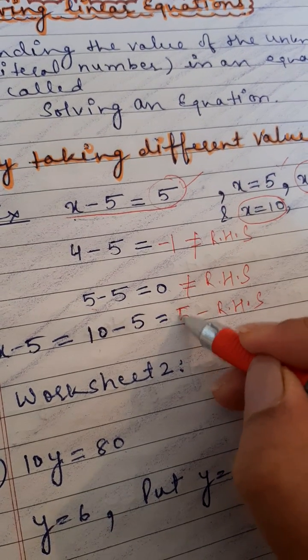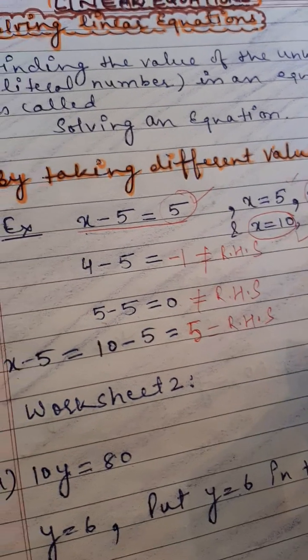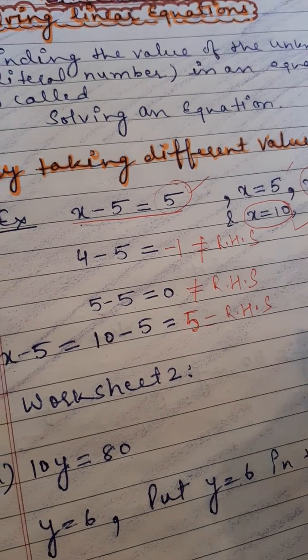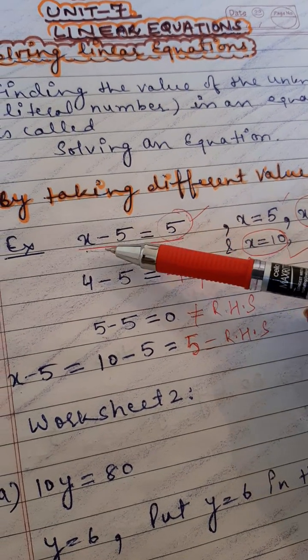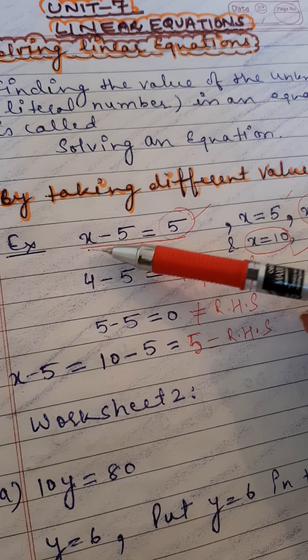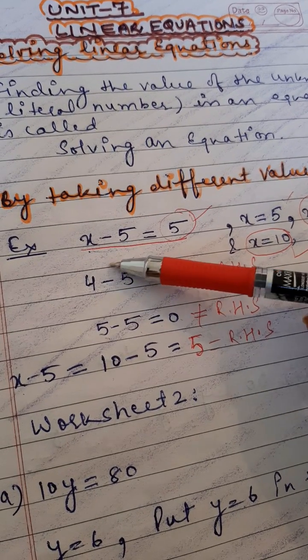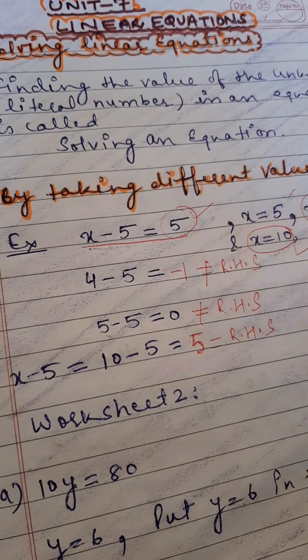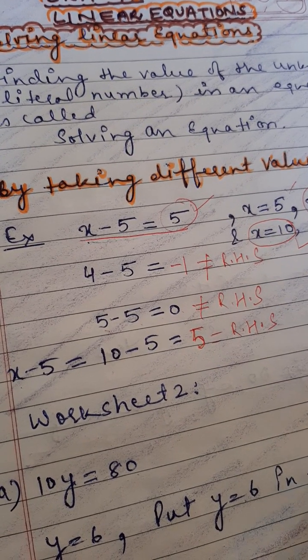So that means x is equals to 10 is the solution of this equation, right? So by doing this, we will just put the value of x or the unknown, we take different values and check whether left hand side is equals to right hand side. If it is equal, then only it is the solution of the equation.